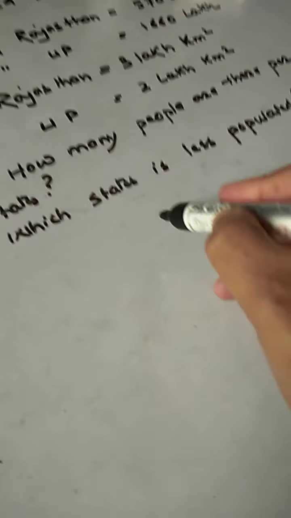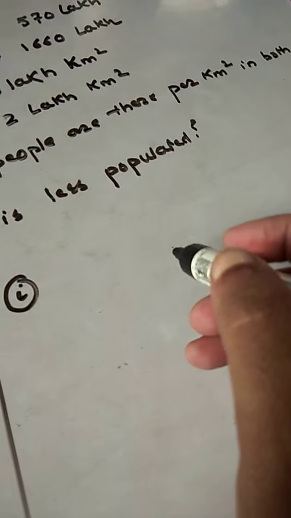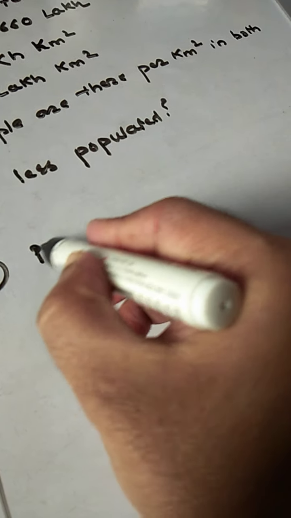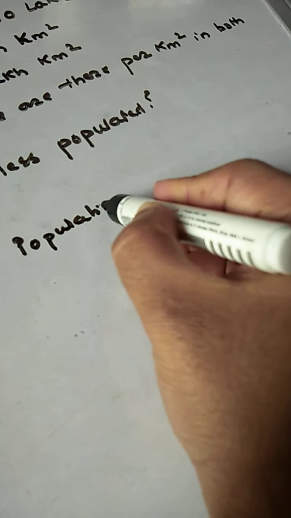So how to start? First of all, we have to answer number 1. So number 1 we have to solve. For that we have to write population of Rajasthan. We'll start with Rajasthan.